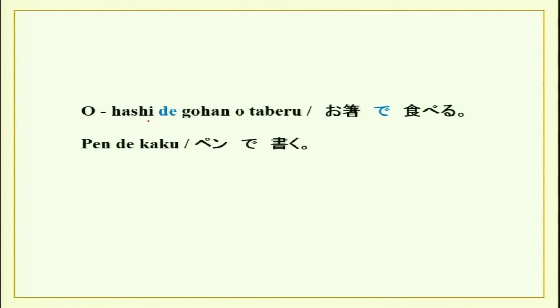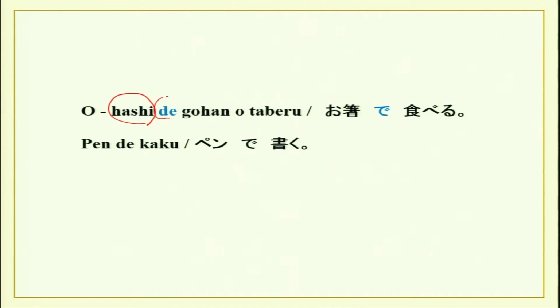So, now we have learned different ways we can use particle de in our previous lessons. I want to tell you one more way you can use particle de. We already know that particle de shows how something is used to perform an action, that is, you use something, for example, hashi, a chopstick, to eat.